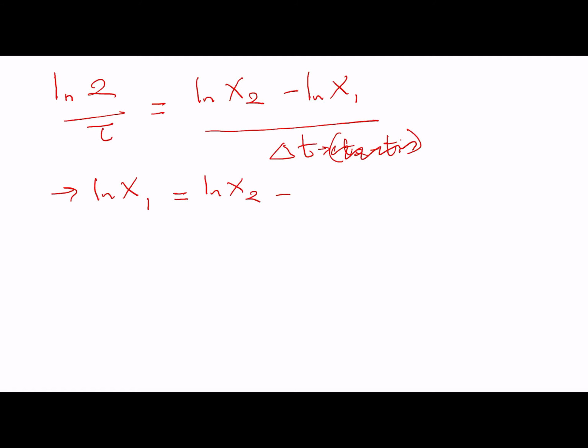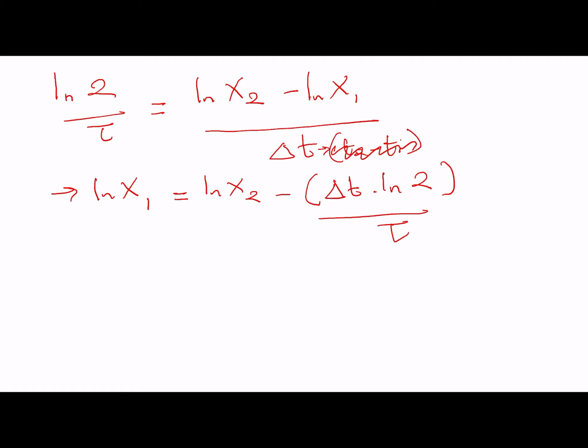I've skipped a couple of steps, but I'm sure it's something you can easily figure out. You first cross multiply, and then you make ln x1 the subject of the formula.